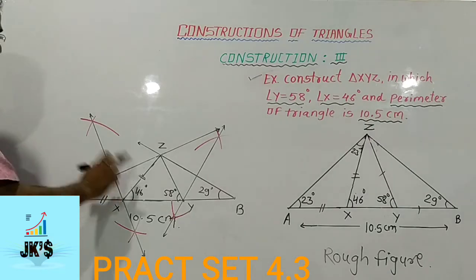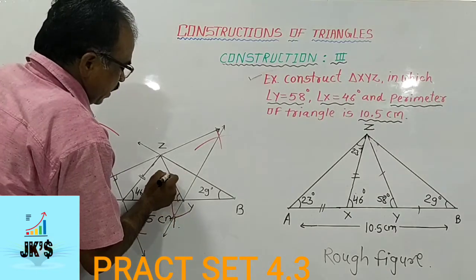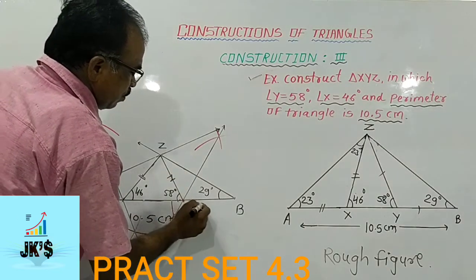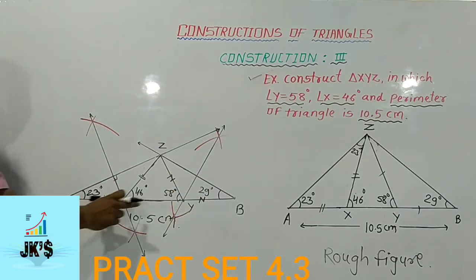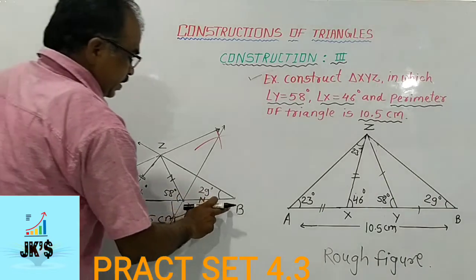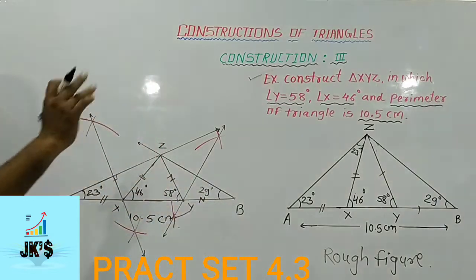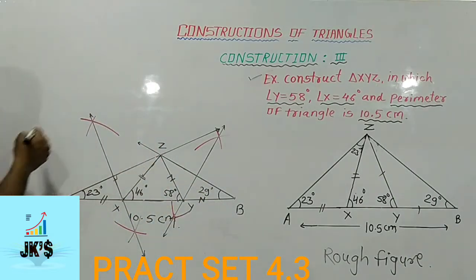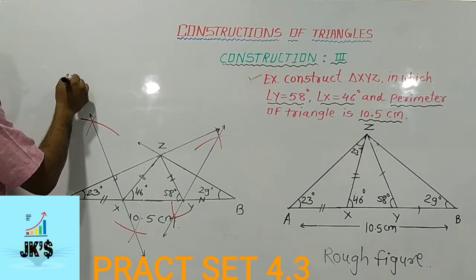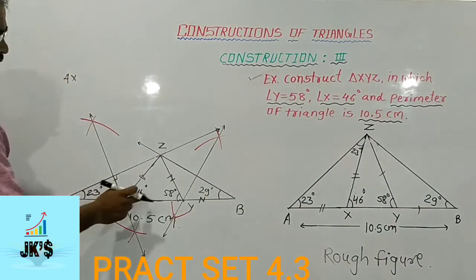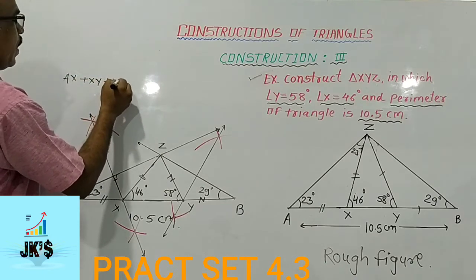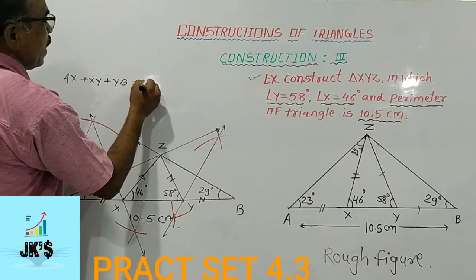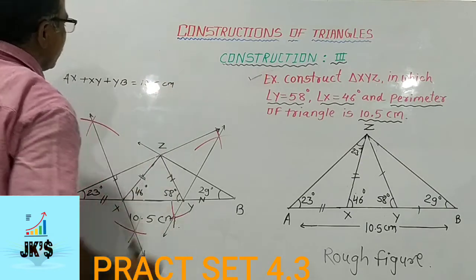This one side is congruent to this one. Similarly, this one is congruent to this one. AX plus XY plus YB equals 10.5. According to our construction, AX plus XY plus YB equals 10.5 we had taken.